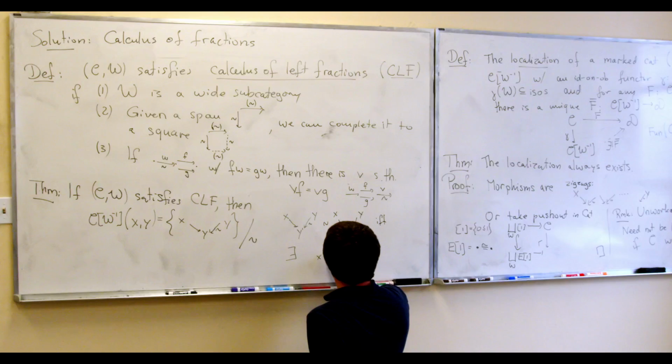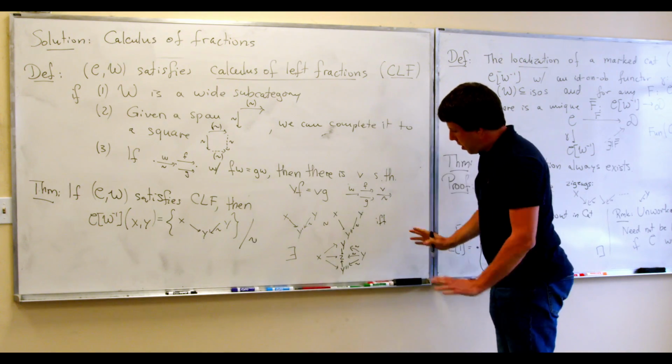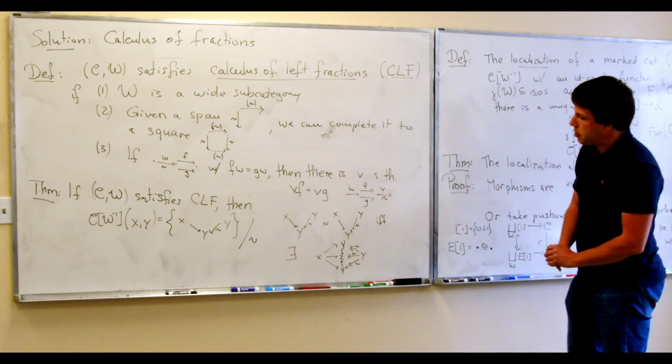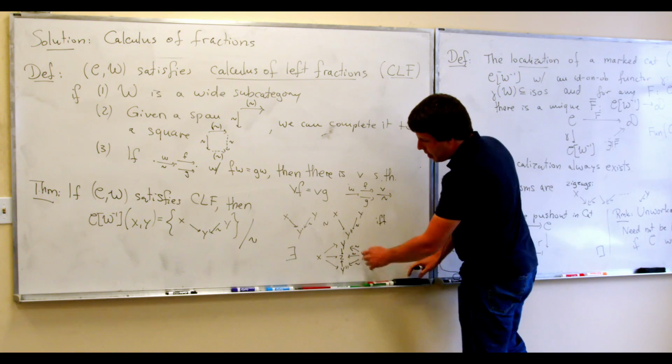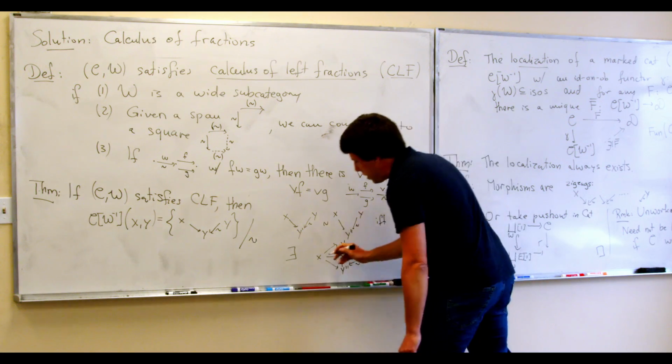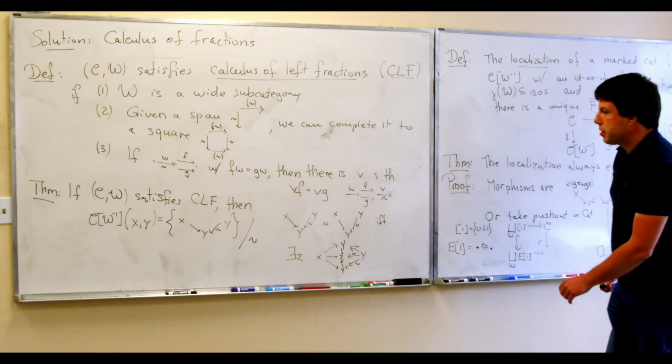So we're going to put all those fractions together. There's y, there are those weak equivalences, there's y prime, y double prime, and maybe there's z in the middle, and maps this way. And if it fits into this commutative triangle or a bunch of commutative triangles, so if there exists such a z, then I'm going to identify the two fractions.